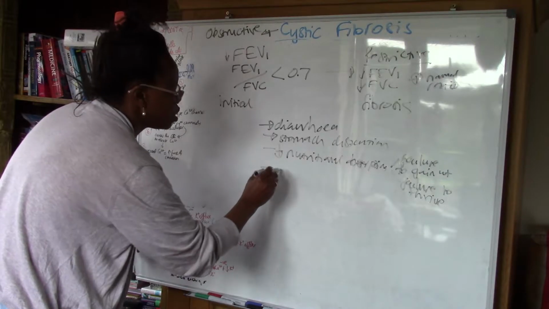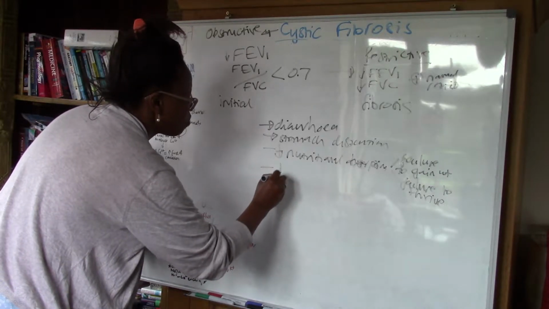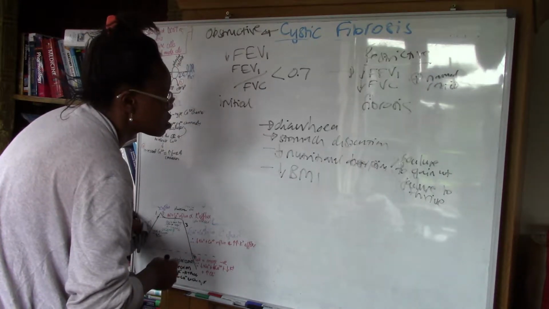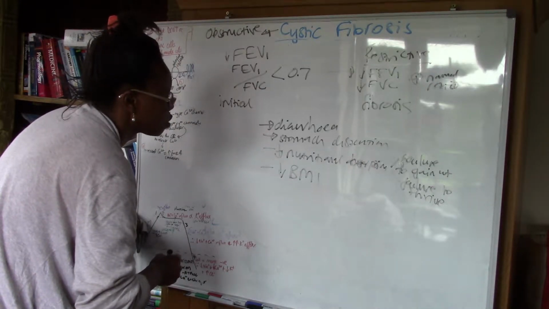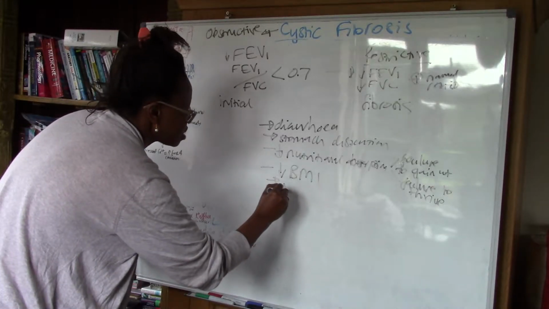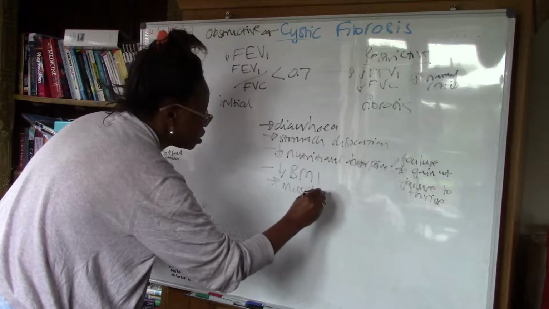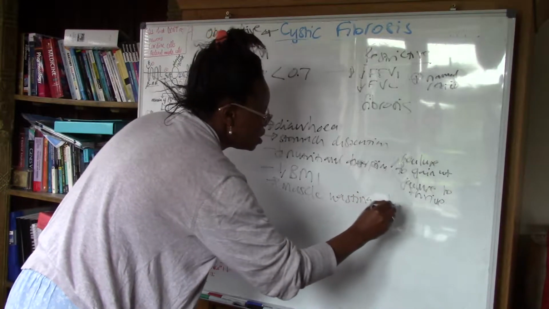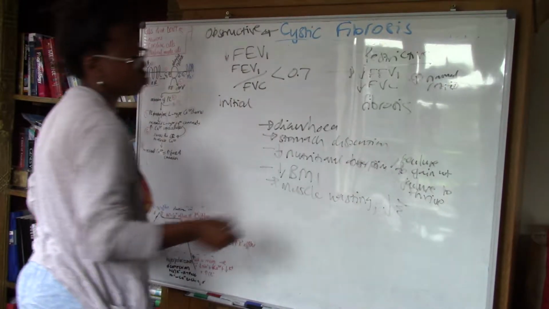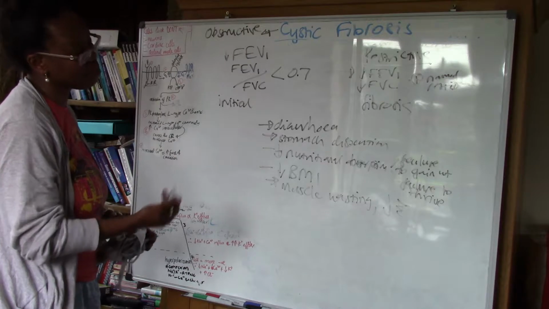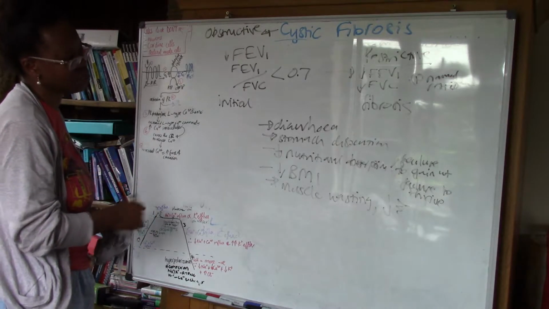And they will have a low BMI as well, body mass index, and they'll look like they have muscle wasting as well, due to low energy and inability to utilize nutrition properly.